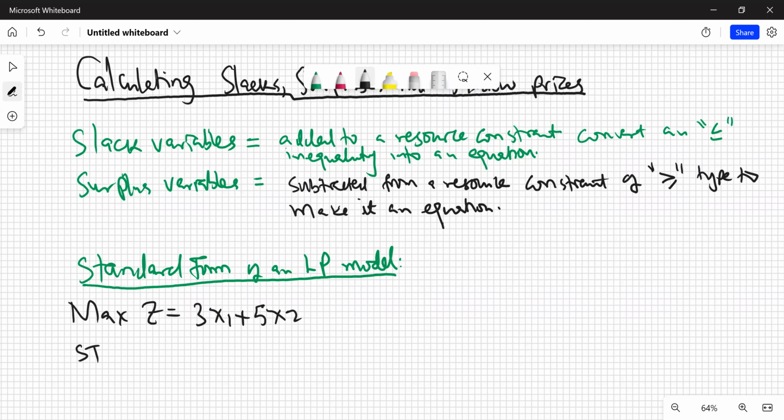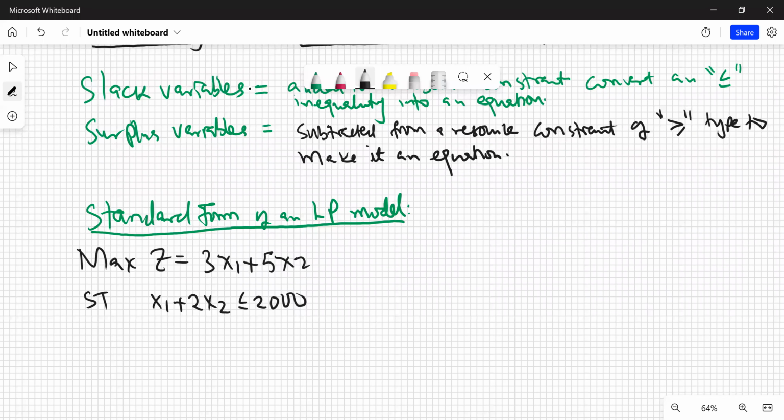We have x1 plus 2x2 is less or equal to 2000. And then we have x1 plus x2 is less or equal to 1500. Then we have x2 less or equal to 600.